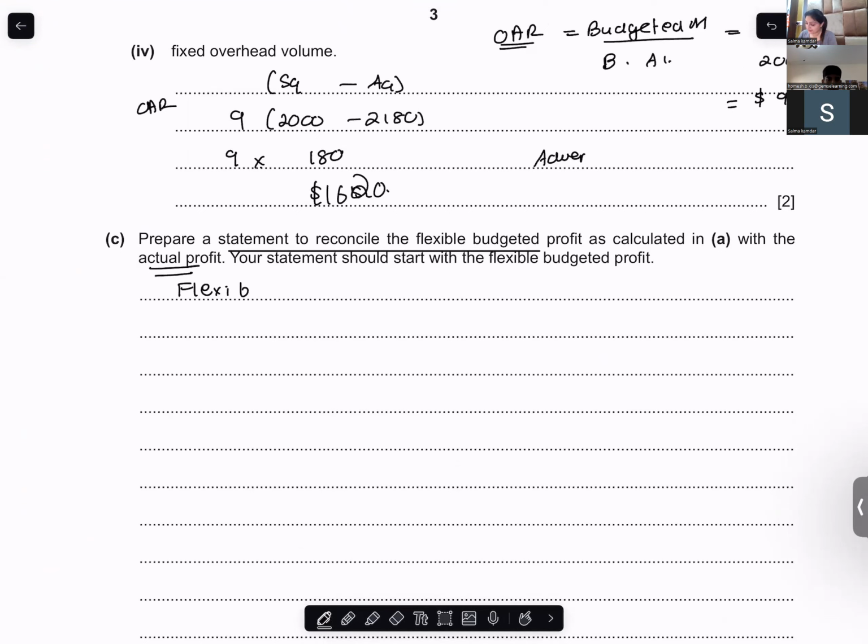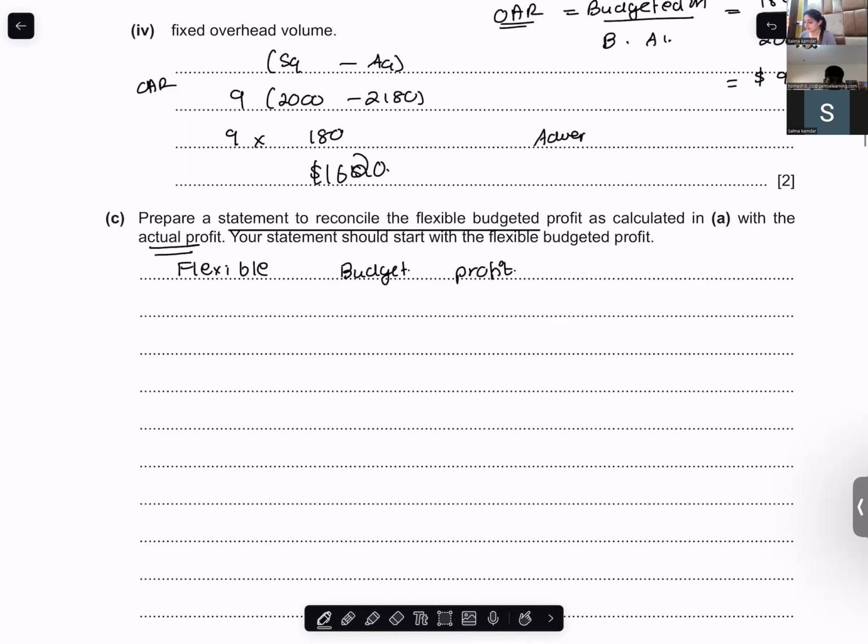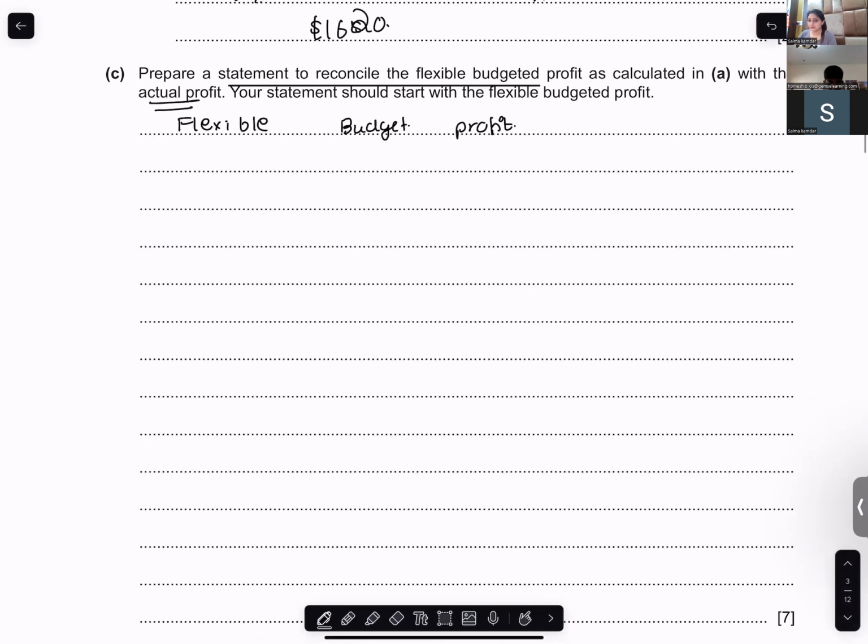So our flexible budget profit is how much? 23,980. And what is our actual profit?